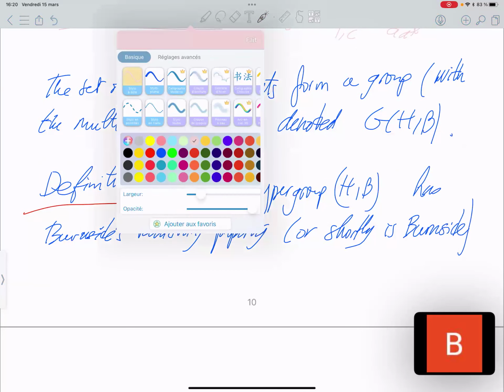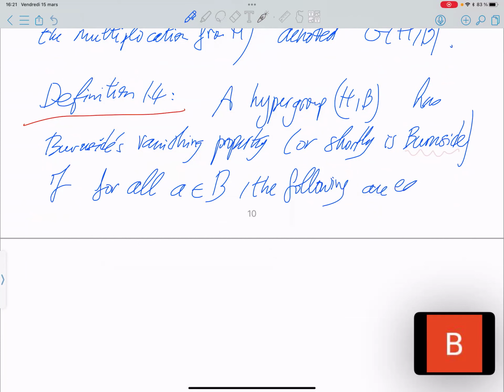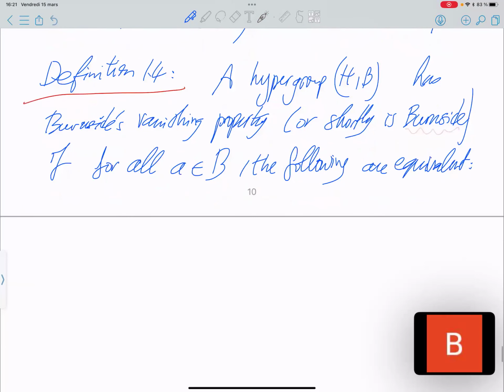If, for all standard elements, the following are equivalent. 1.